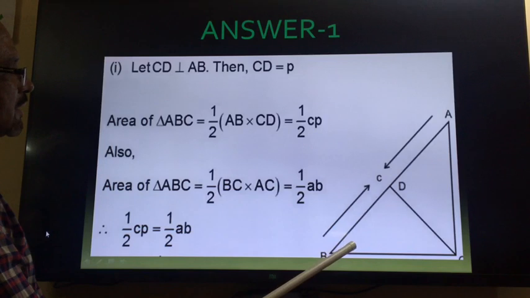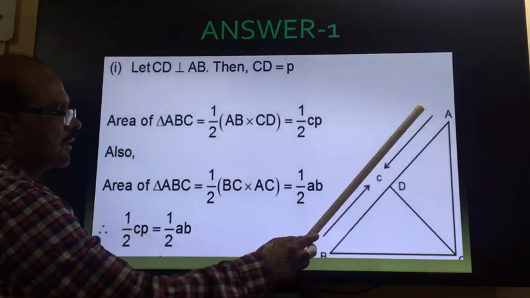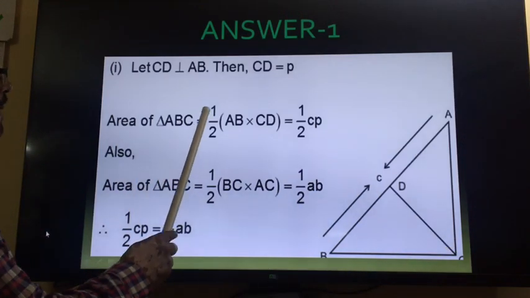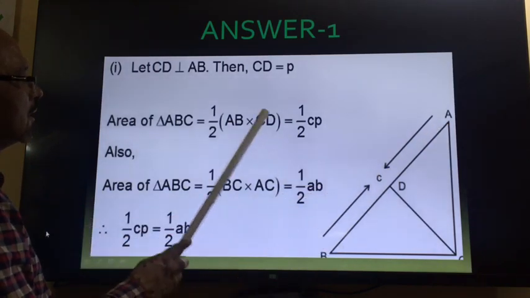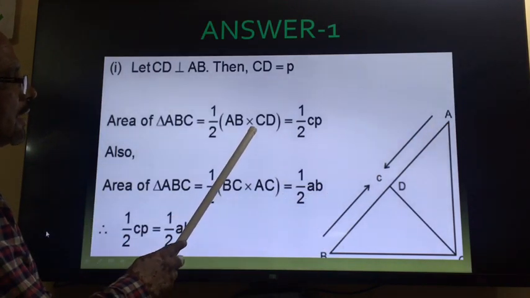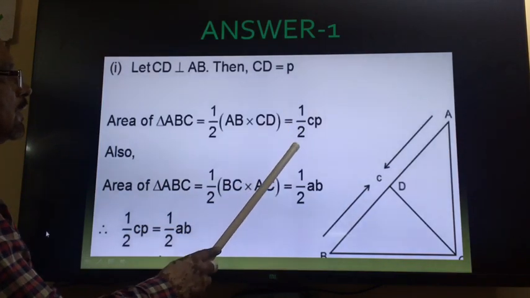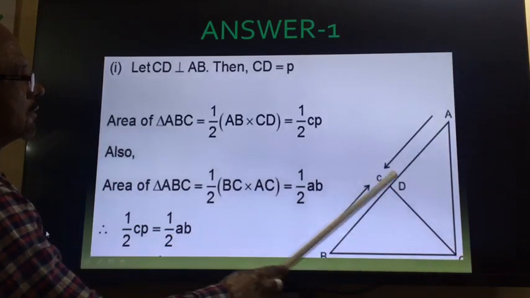And the second method is half into base, base we will take as AB and height is CD. So area of triangle ABC is half into AB into CD, half into c into p.